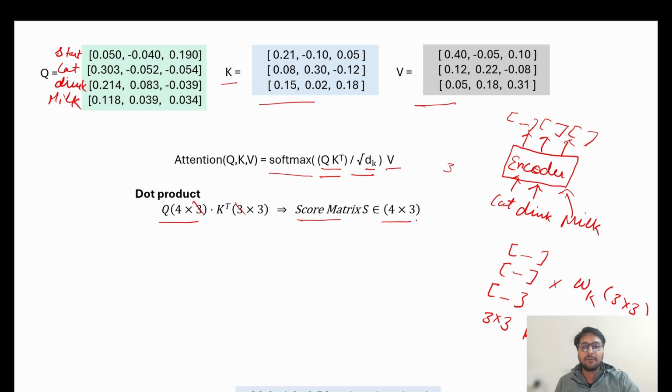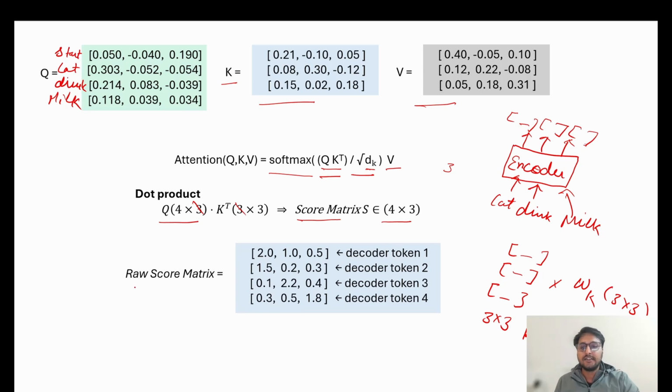Again, each row represents each decoder token, 1 2 3 4. The values in the raw score matrix are random. These are not probabilities. To convert these values into probabilities, we apply the softmax function, and we already know the softmax formula.